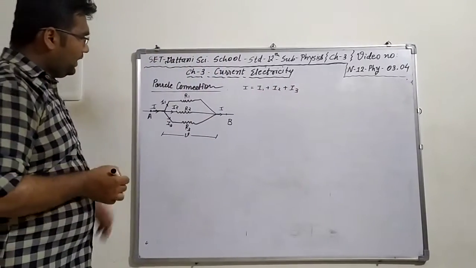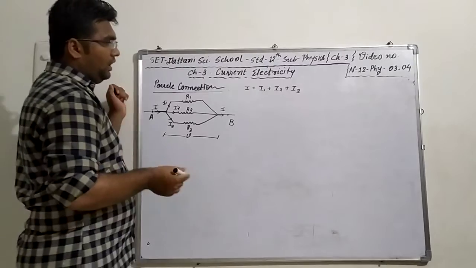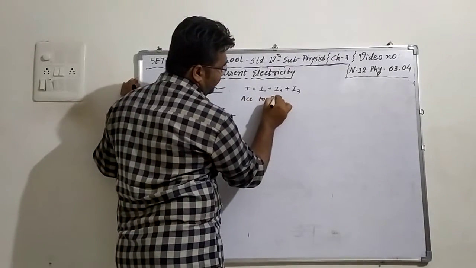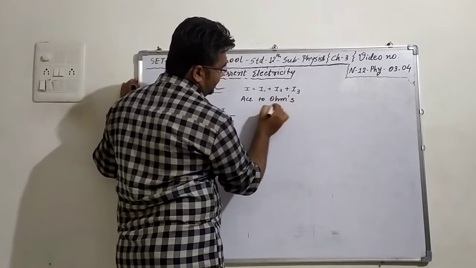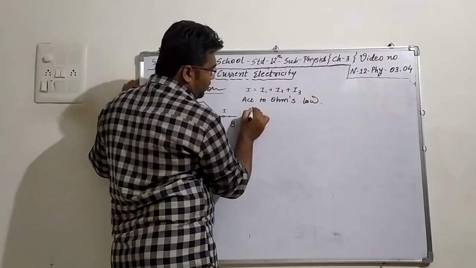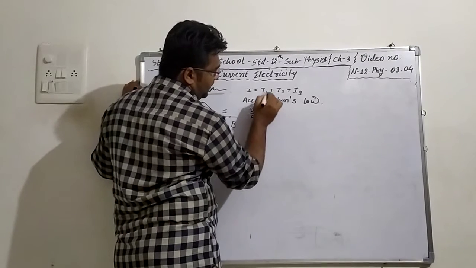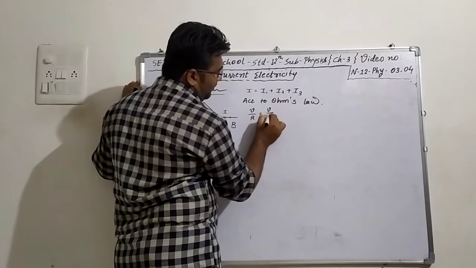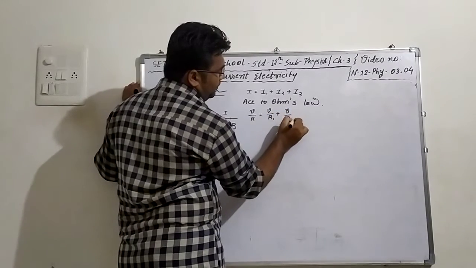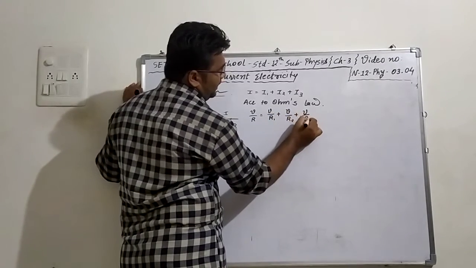So we write I equal to I1 plus I2 plus I3. This is our formula. Now, according to Ohm's law, I equal to V upon R, I1 equal to V upon R1, and similarly V upon R2 and V upon R3.